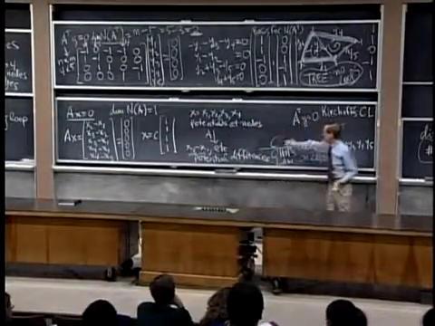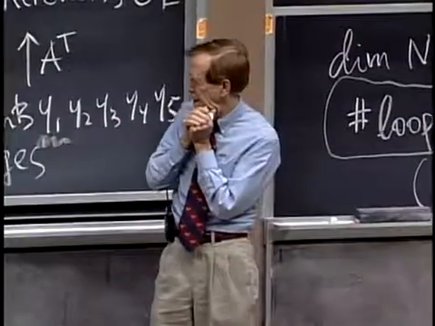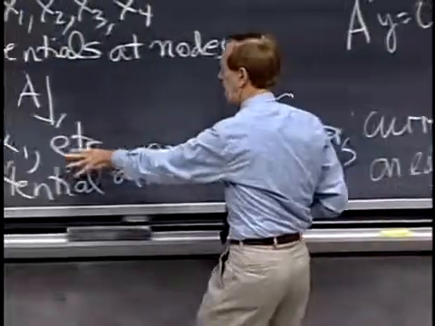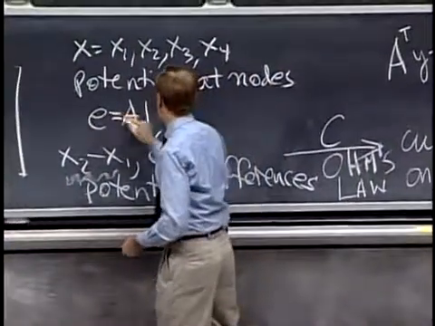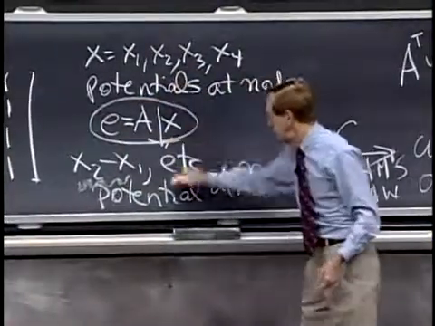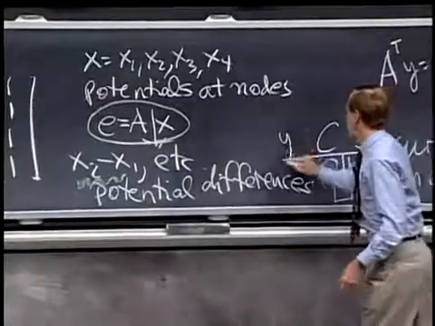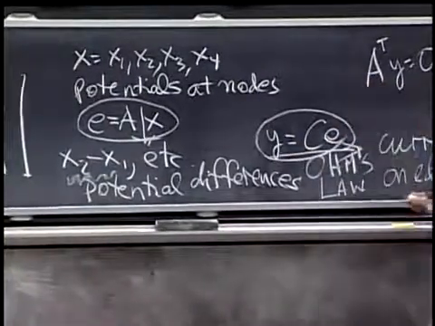So this expresses the equations of applied math. Let me call these potential differences, say, E. So E is AX. That's the equation for this step. The currents come from the potential differences. Y is CE.